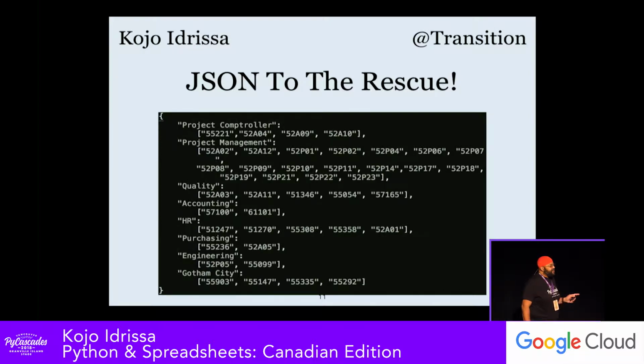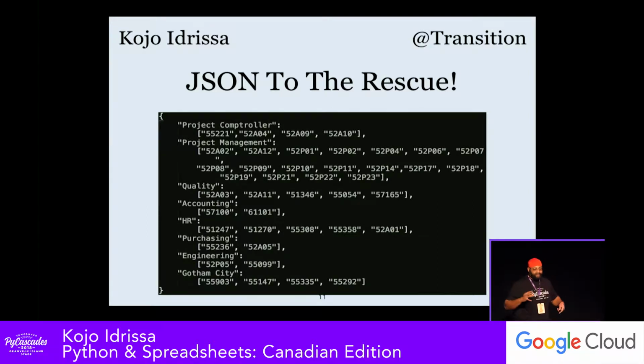One is that the organization I was working with at this time was going through a lot of flux, and so these mappings might change every month. So maybe HR now is going to report to accounting instead of the HR group. Or maybe this cost center, 55308, moves from HR to accounting. Or maybe this 52A11 moves from quality to project management.